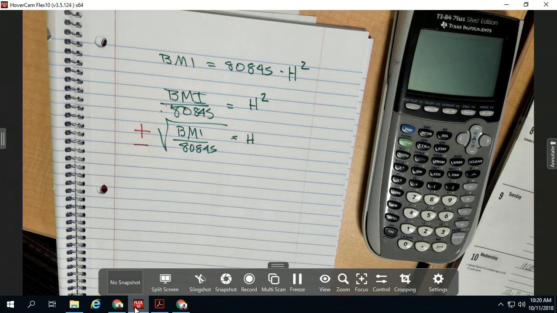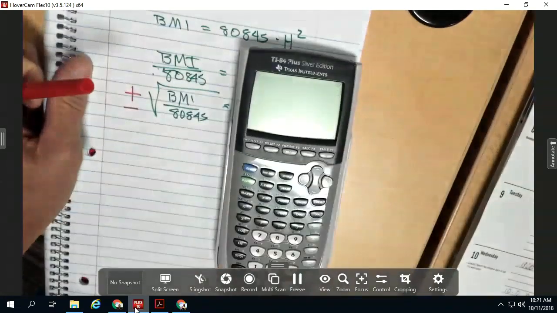You get two answers, a positive one and a negative one. How do you know in this case that only the positive one makes sense? You can't be a negative sum. So there we have it. How if you substitute in an LED emblem that light BMI of 18? What are you going to press next on your calculator?